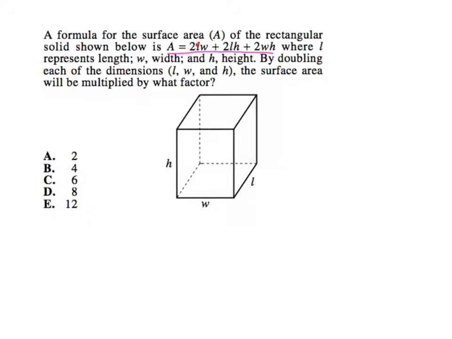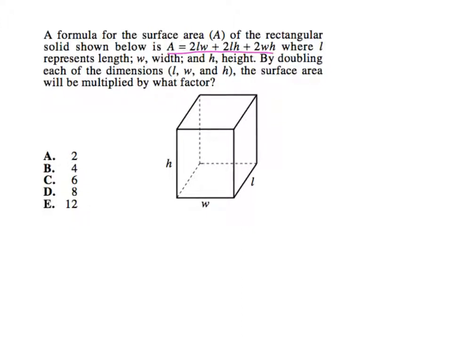Okay, and so L represents length, W represents width, H represents height. And what it wants you to do is by doubling each of the dimensions, so if you were to double L, W, and H, the surface area will be multiplied by what factor?